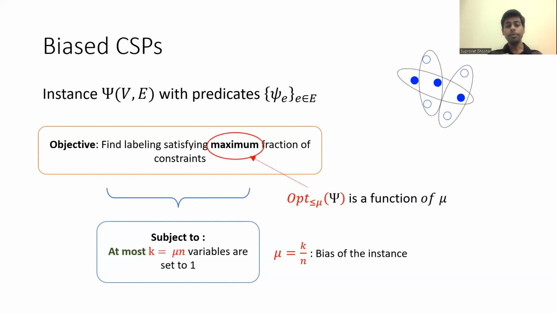Now that we have put a constraint on the instance that the labelings have at most a mu fraction of ones, the maximum value achievable for that instance becomes a function of the bias parameter. And therefore, we will think of the optimal value achievable as a function of the bias parameter, which will make various other things about the problem also expressible as a function of the bias parameter, as we'll see soon.